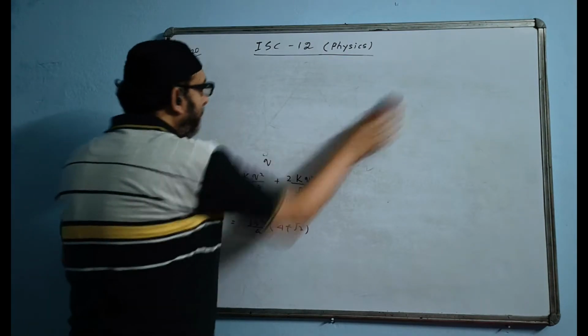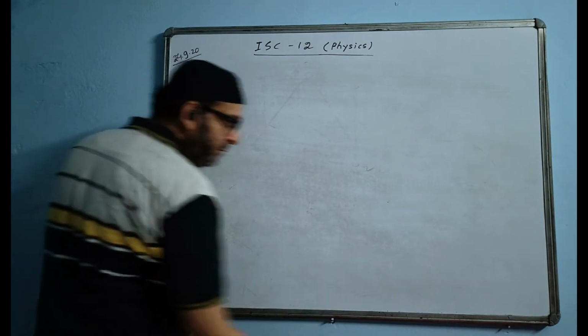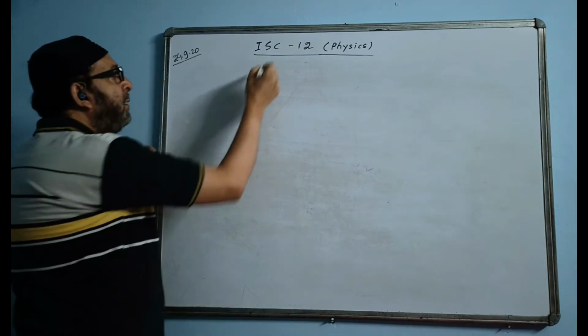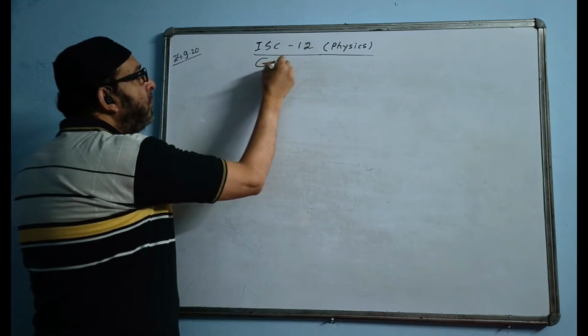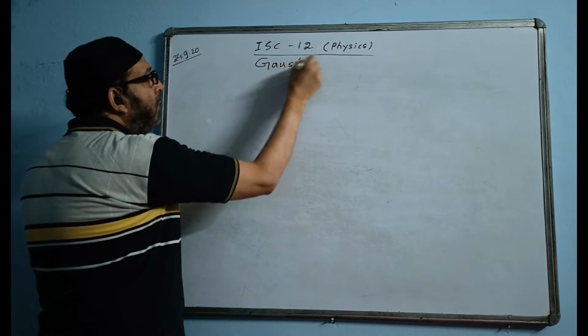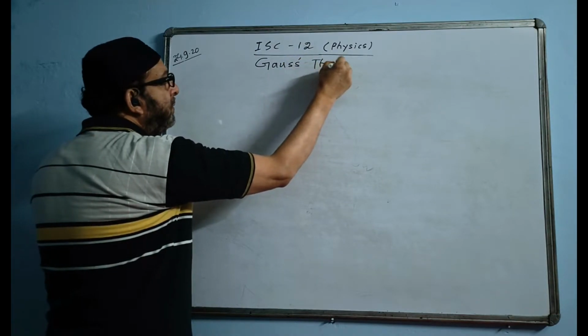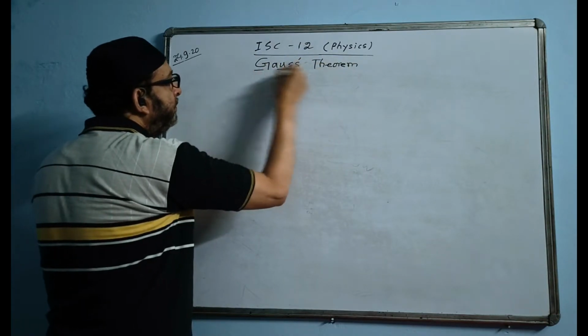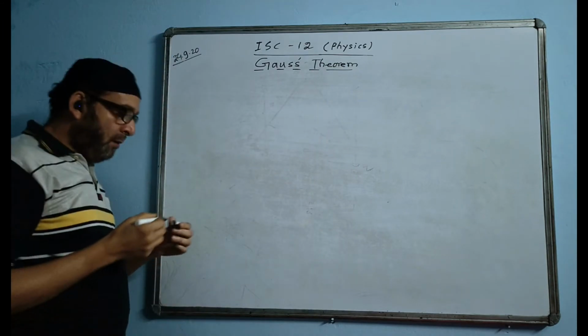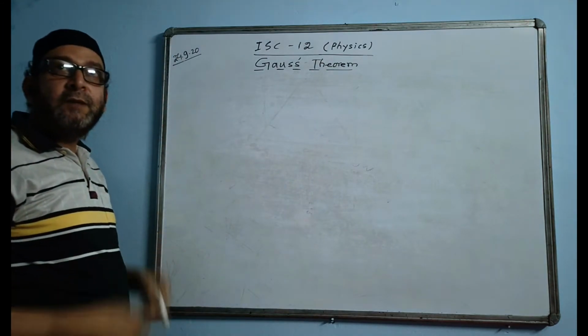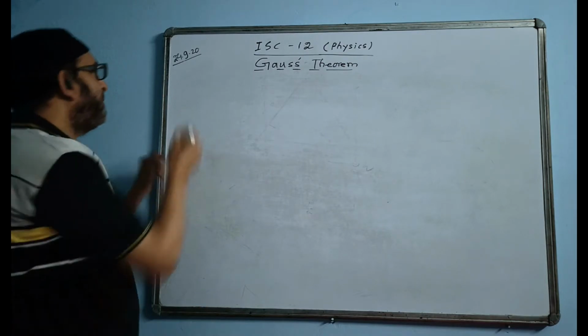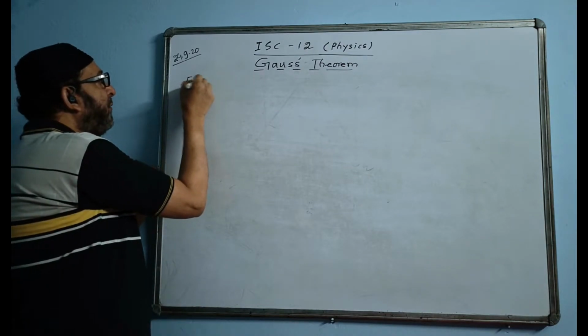Okay. Now we are starting a new chapter, that is Gauss theorem. The name of the chapter is Gauss theorem. In Gauss theorem, first you have to learn some definitions. The first definition is electric flux.